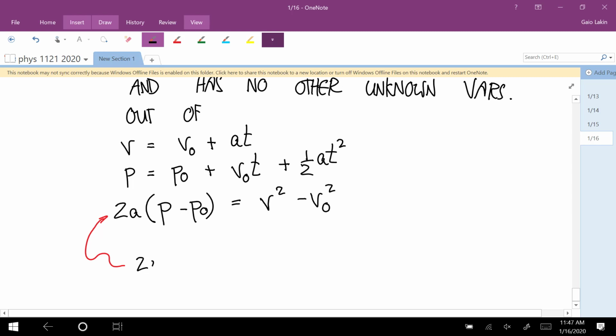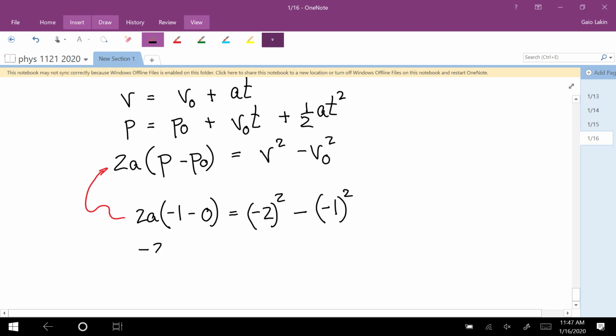So we have 2A times the quantity -1 minus 0 is equal to -2. And then you square that whole thing. That's an order of operations thing. Minus the velocity -1 all squared.